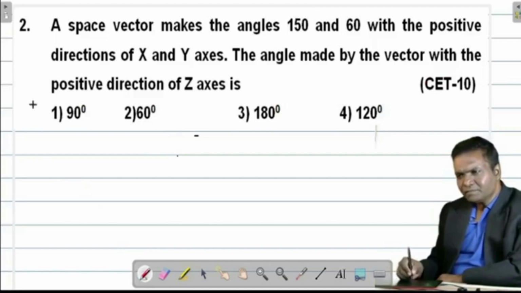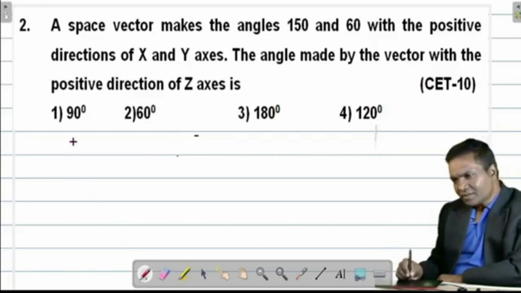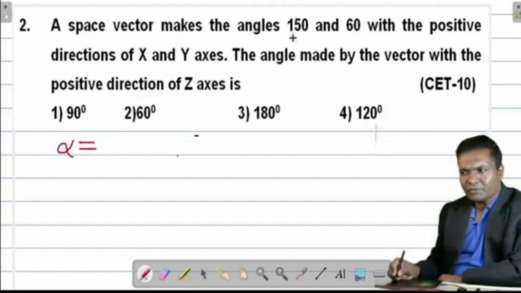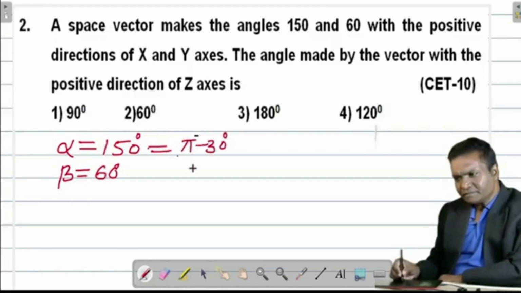Very simple. You must know the concept of direction cosines. You are given alpha, angle made by the space vector with x axis, means alpha is given 150 degree and beta is given 60 degree. Alpha means you can write it as pi minus 30 degree. Now you are asked gamma is how much?